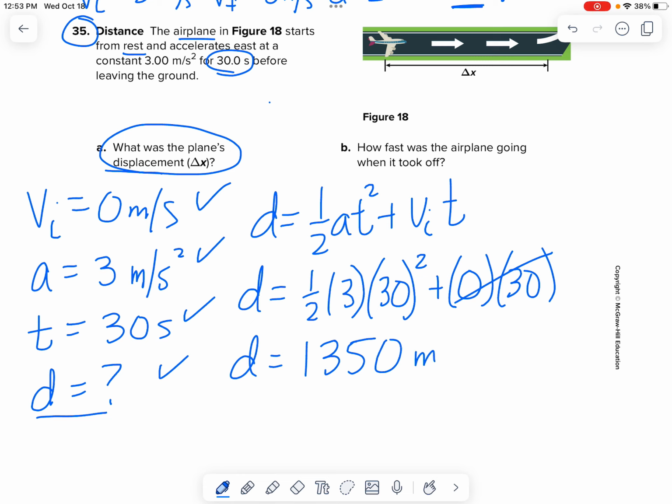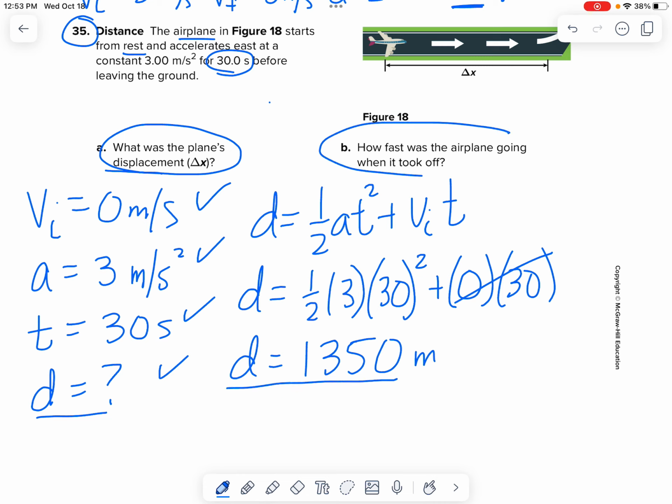Let me just double check. You can do that on your calculator as well. Okay, you found the distance.